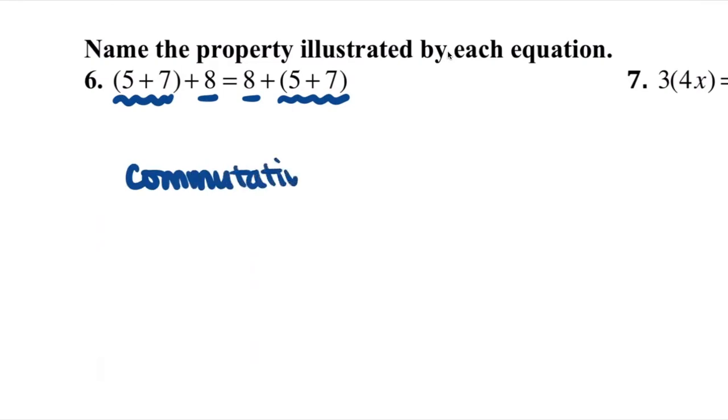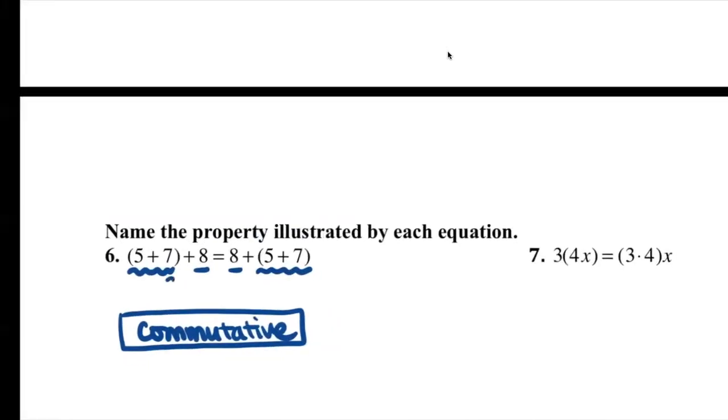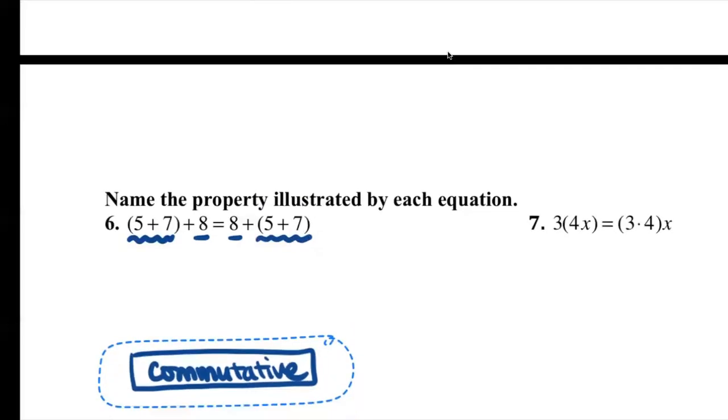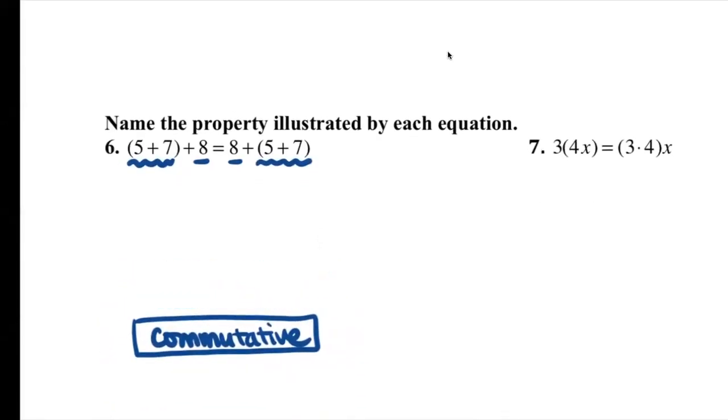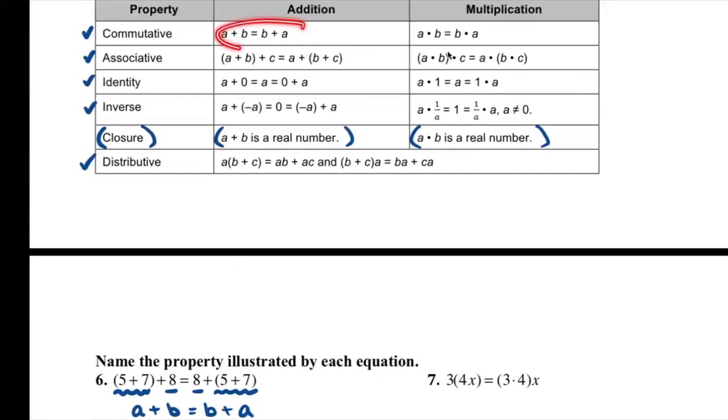Commutative property of addition, but just go ahead and write commutative, and that is it. Because this is A plus B, and it went from A plus B to B plus A. And that is our commutative property right here.